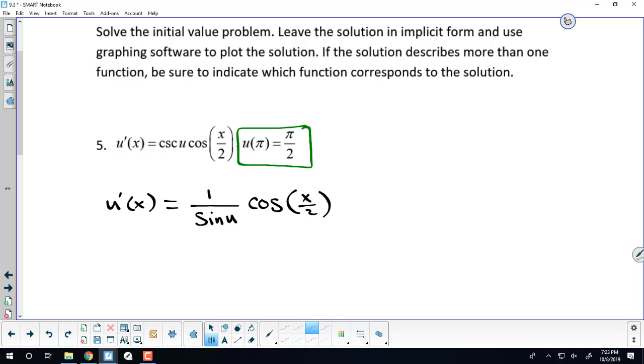When we were given this initial condition, it's of the form x comma u as the point. So that's pi comma pi over 2. When x is pi, u is pi over 2. Just initially we rewrote the differential equation. So notice here that u can't be 0. So let's just make a note. We'll come back to this in a minute. u cannot be 0.